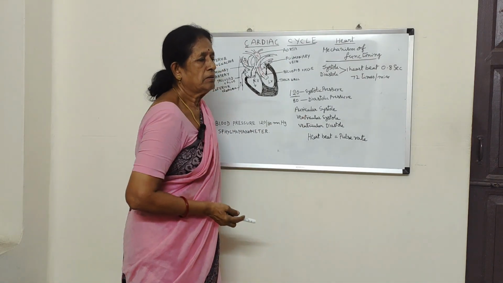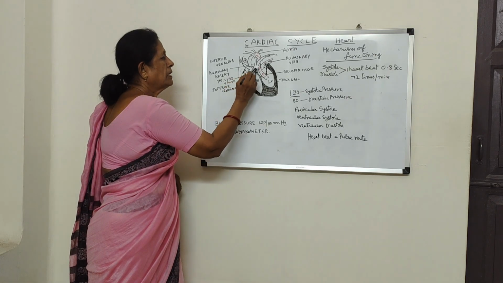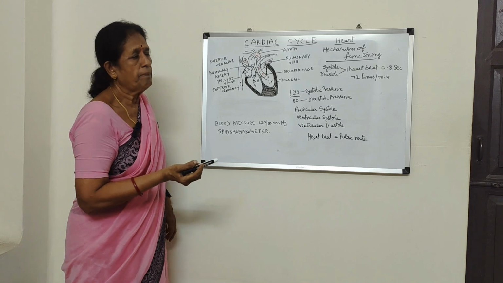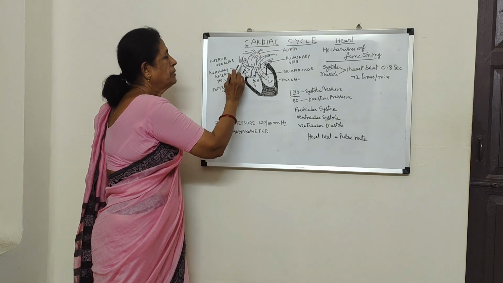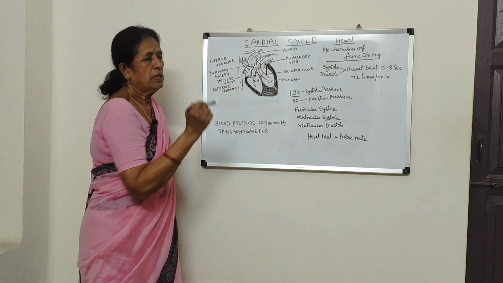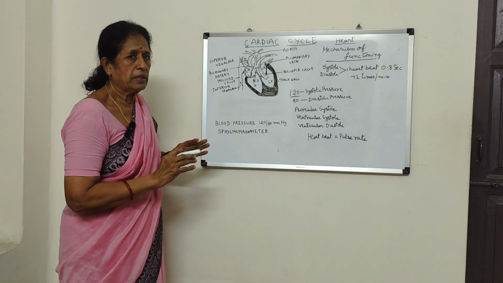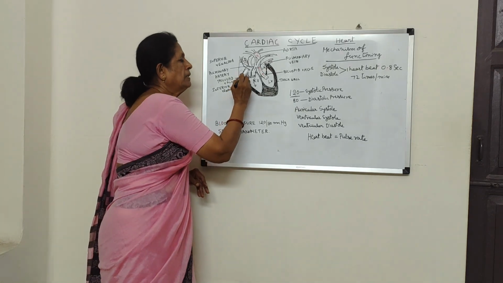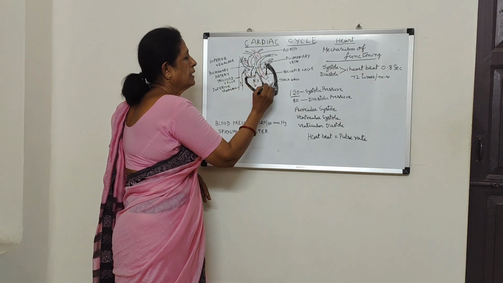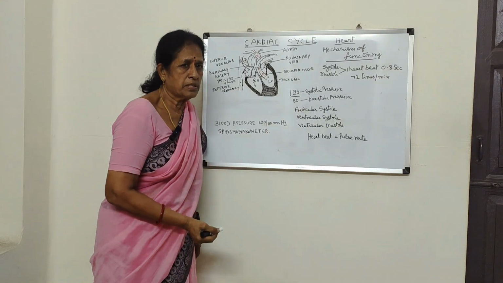Auricular systole means the contraction phase, where the auricles contract. Auricles and atria are the same. The auricles receive blood from the superior vena cava and inferior vena cava into the right auricle, and from the pulmonary vein into the left auricle. When they are filled and contract, the blood forcefully enters from the right auricle to the right ventricle, and the left auricle to the left ventricle. That is called auricular systole.